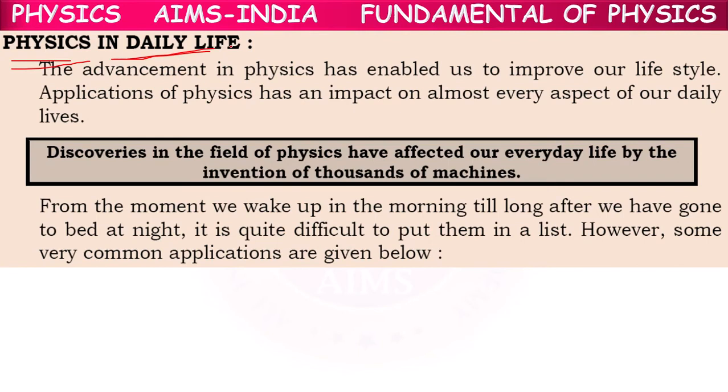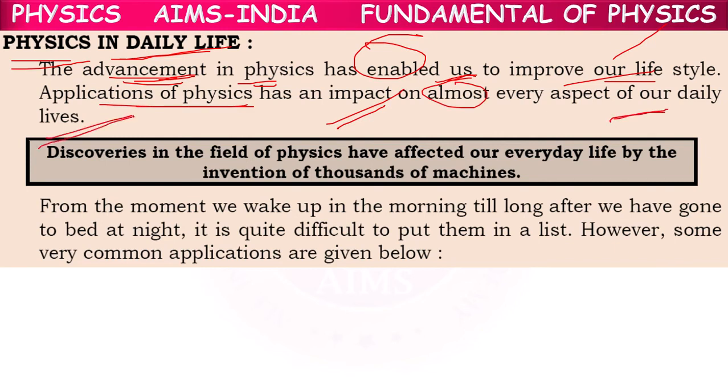So, physics in daily life. The advancement in physics has enabled us to improve our daily life. Applications of physics have an impact on almost every aspect of our daily life. Whatever discoveries have been made in physics have affected our everyday life greatly by inventing thousands of machines.